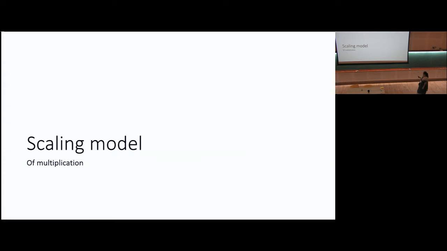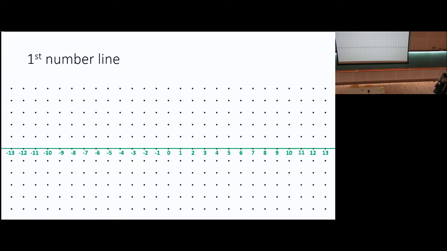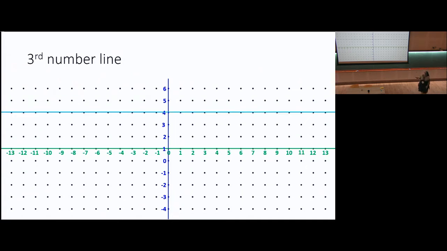Okay. So now this can be done visually. Okay. So you get one number line, that's the baseline. Okay. This is what we are going to scale up, down, etc. And this is the number line, the second one, which will basically tell you what is the scale factor. So let's now choose 4 as the scale factor and see what happens.